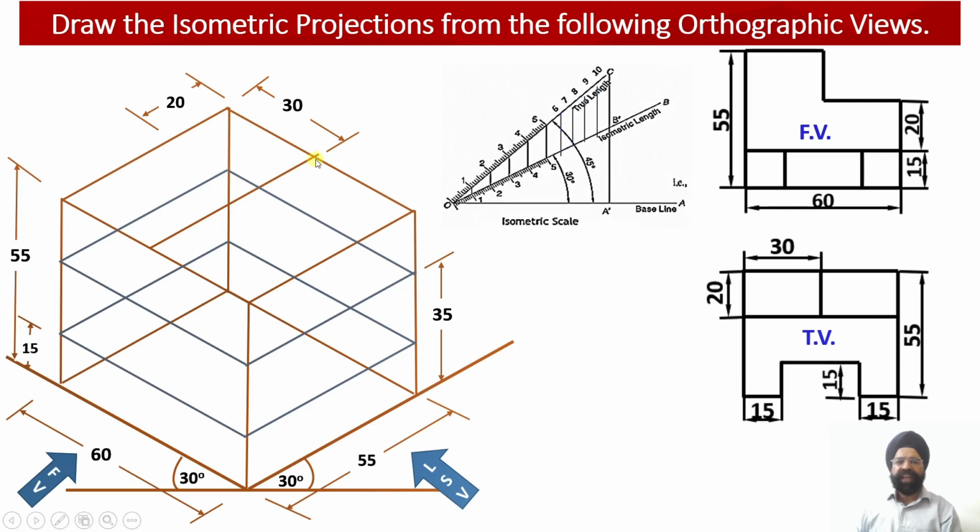Now two projection lines I am going to draw at the top surface. One will be indicating the length of the top surface of this web, which is this section or this section I can say, and another construction line I will be drawing at a distance of 20 millimeter. So this 30 millimeter projection line which I have drawn over here, it is corresponding to this edge over here.